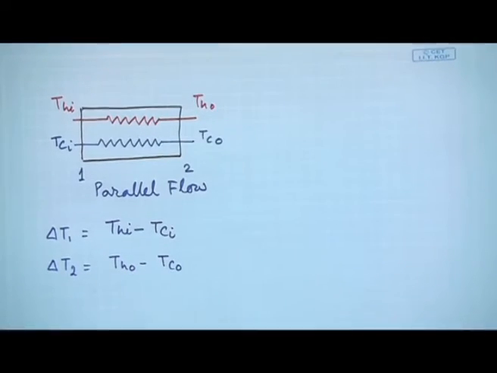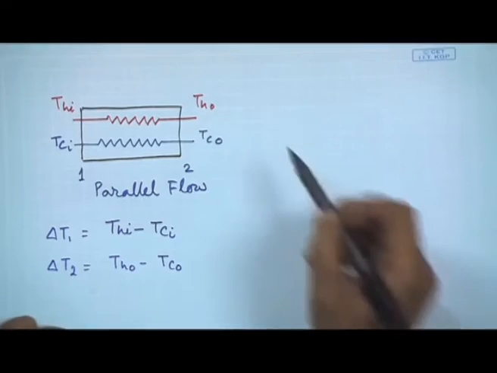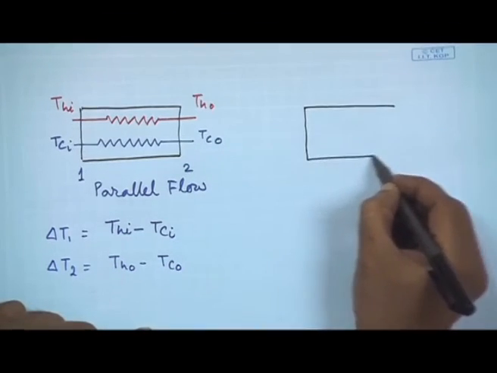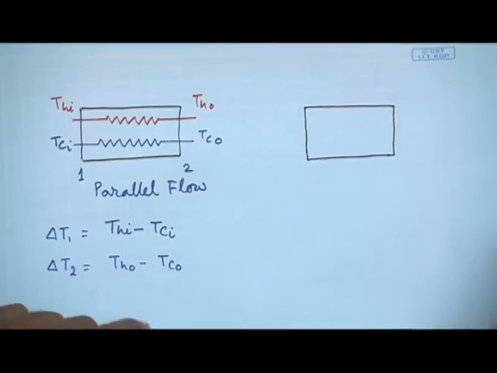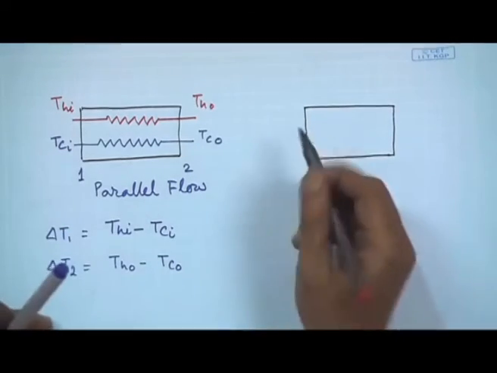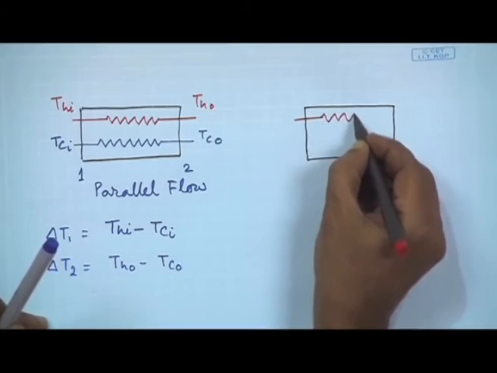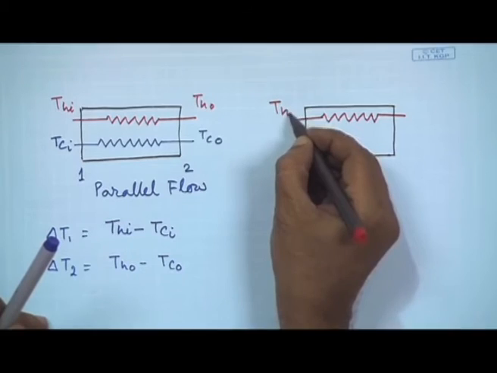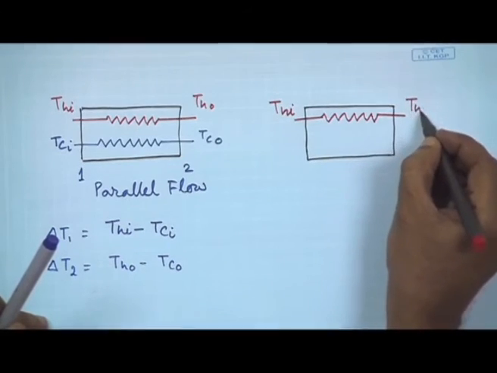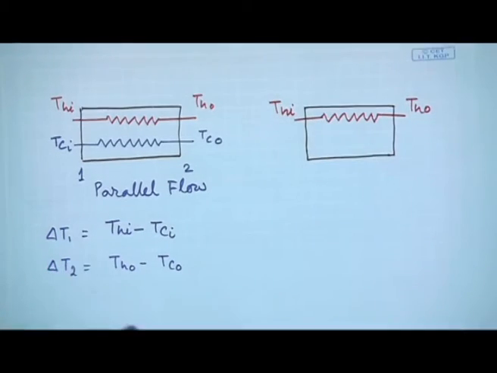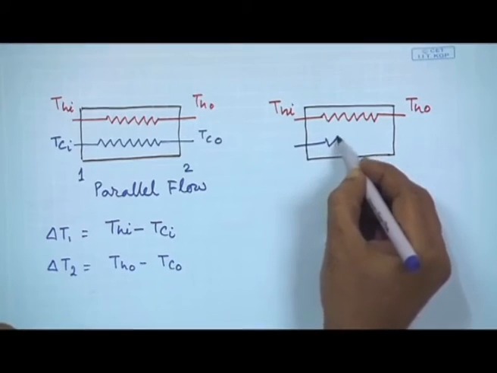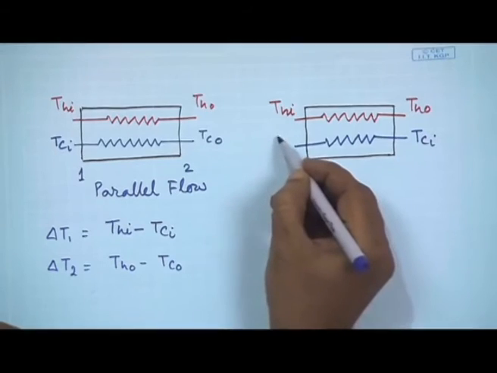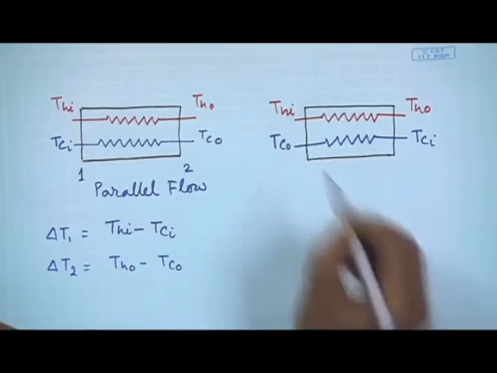Or we can have the hot stream T_HI, T_HO and the cold stream T_CI, T_CO.